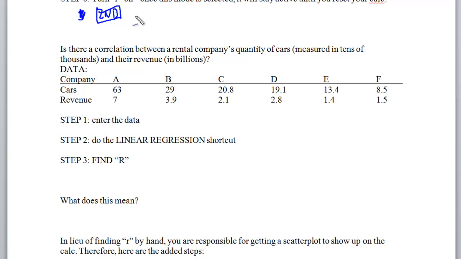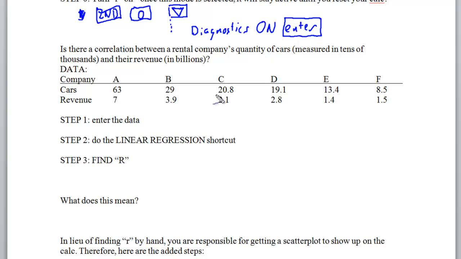And then the 0 key. And then you're going to scroll down using the down arrow key until you get to diagnostics on. And then you hit enter to confirm it. You got to hit enter twice. One to say, hey, I want the diagnostics on, and then one to process it.